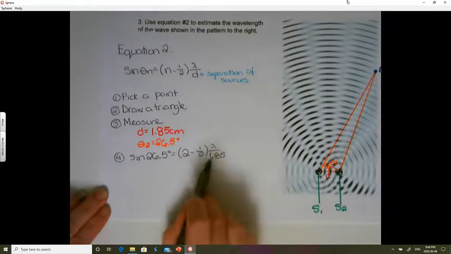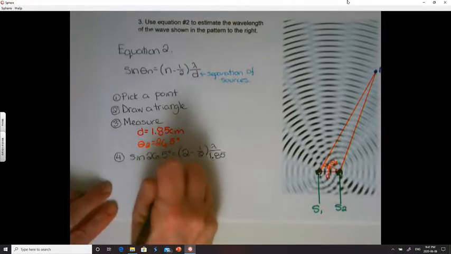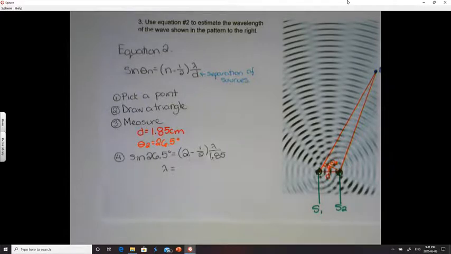So again, because this is the only thing with units, centimeters, our wavelength is going to be given to us in centimeters. And if we solve all of this, we're going to get about, make sure your calculator is in degree mode here. Oh, not as bad as I was expecting. Go us.